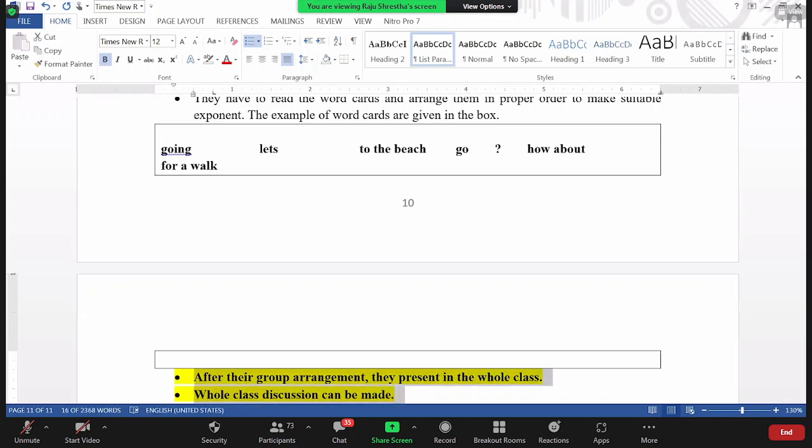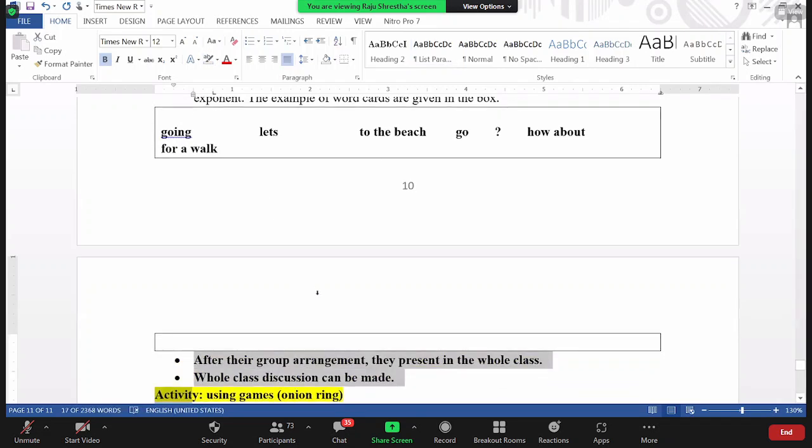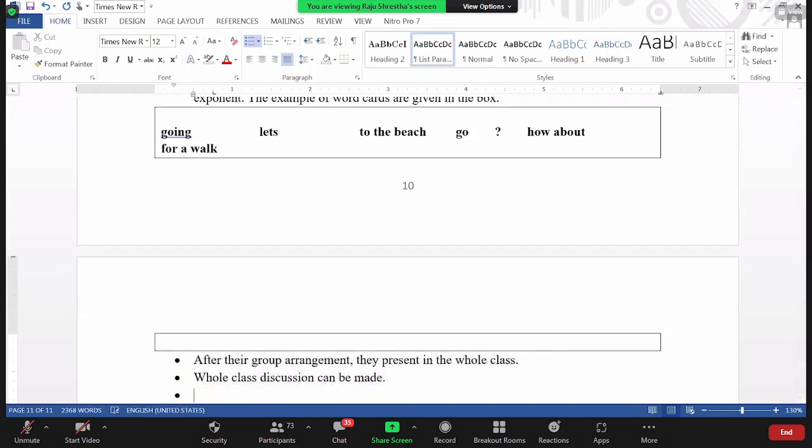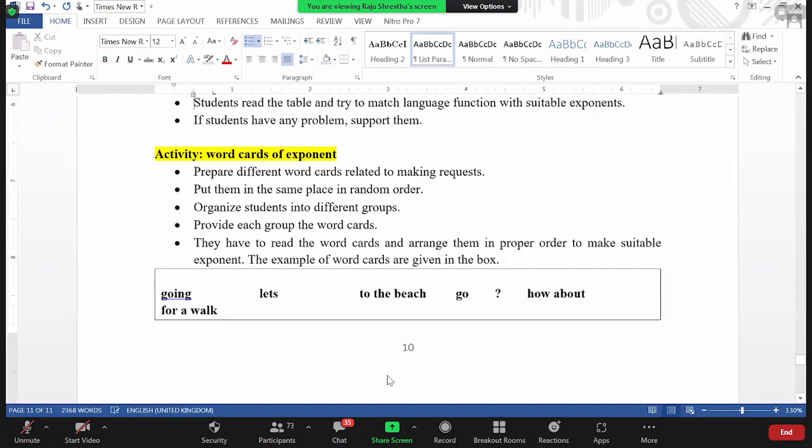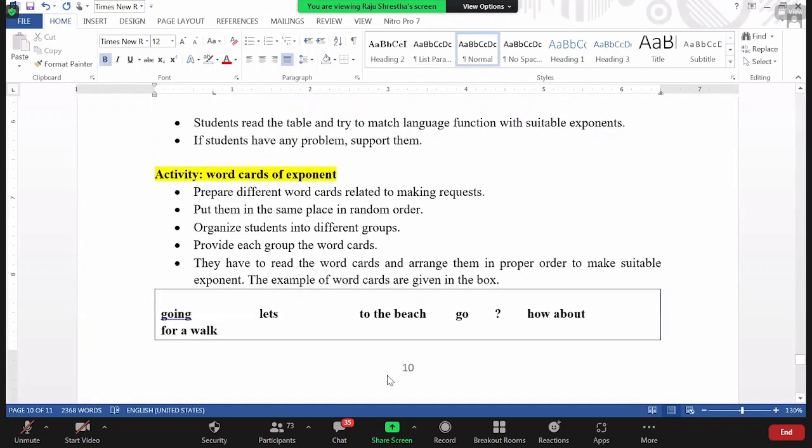So in this way we help students to organize and play this kind of activity, and ultimately they make sensible exponents for the particular language function that we want to focus on.